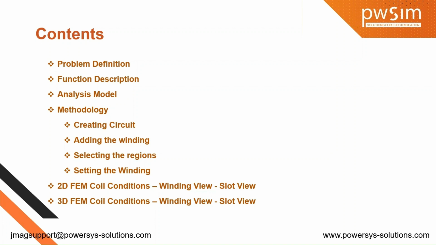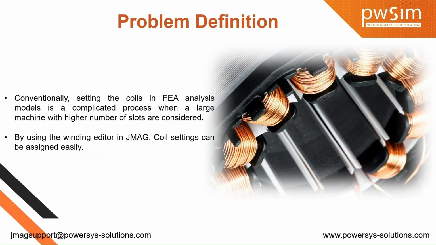This particular function description is intended mainly for JMAG users. By using this tool, it will help us make a particular pattern without much difficulty in assigning the FEM conditions separately.